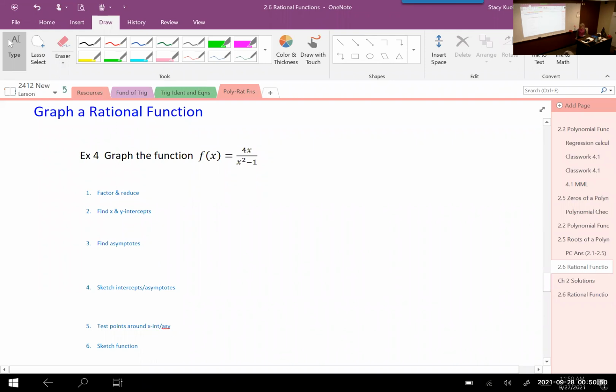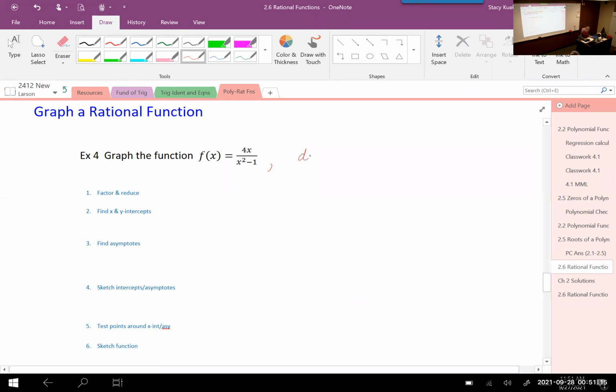Okay, so for the first thing here, I know I say factor and reduce, but let's take just a moment and determine, just because it's a good time, what would the domain of this function be? How do I find the domain of this function? Take the denominator.